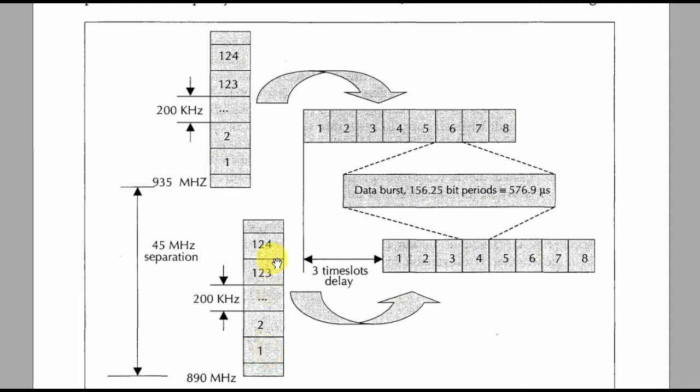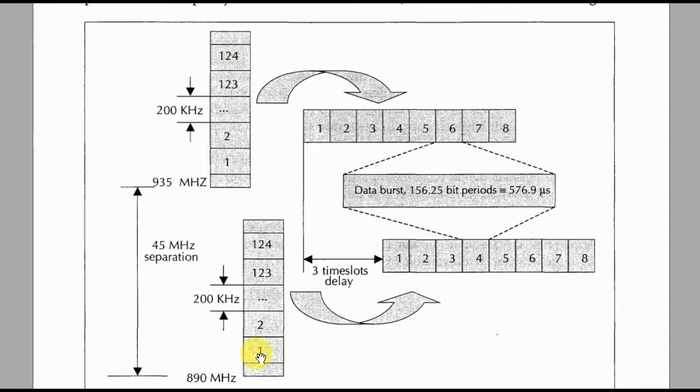That means ARFCN number 1 is for channel number 1, then ARFCN number 2 for channel number 2, then channel number 3, etc. The ARFCN channel number denotes a forward and reverse channel pair which is separated in frequency by 45 megahertz. So each uplink and downlink channel pair is separated by 45 megahertz.